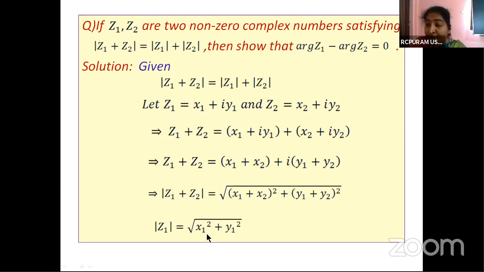Directly we will write the modulus, that is root of X1 square plus Y1 square. And we will calculate mod of Z2 also. Mod Z2 is root of X2 square plus Y2 square. What did I do here? I have calculated each term separately so that I can comfortably substitute in the given condition.